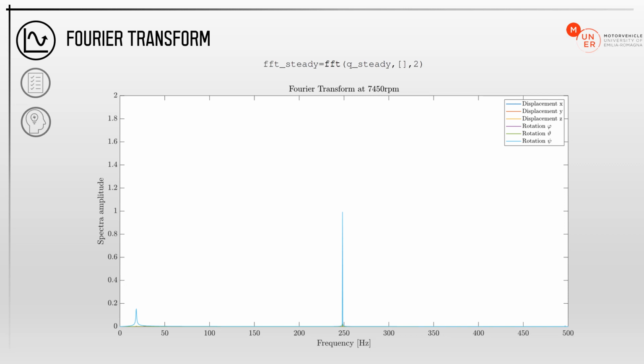In other words, if omega is the crankshaft speed, then the forces acting on the engine have a frequency of 2 times omega, and consequently the displacements of the engine have a frequency of 2 times omega. There is also a little peak at low frequencies, which is a noisy term given by one natural frequency, but it is negligible and it could be filtered.